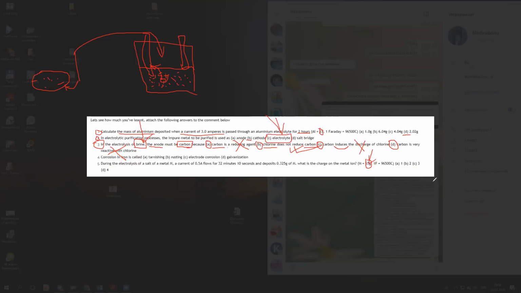Deposit means releases, not evaporate. Evaporation is a term for gases. I said liberates. Yes. In that case, liberates is a synonym for deposits in terms of the electrolysis process.